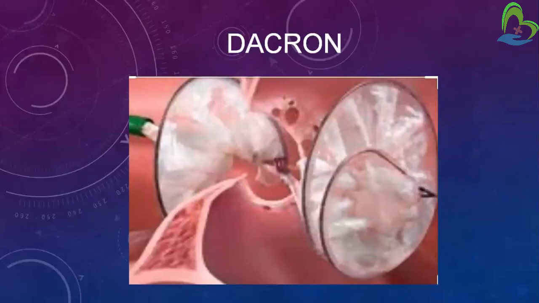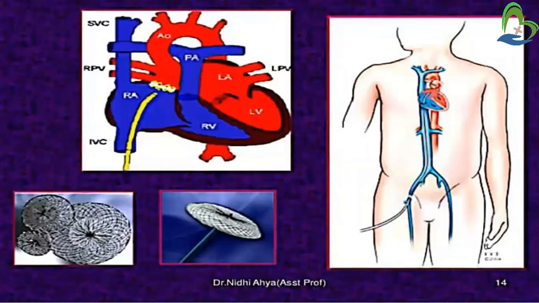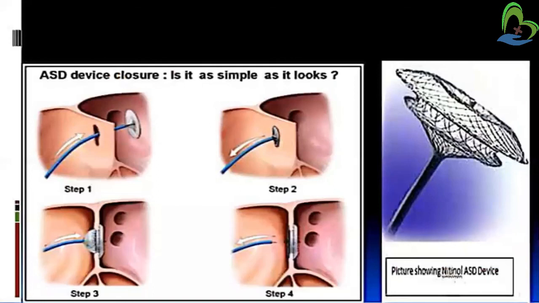Dacron is passed through cardiac catheterization, and with the help of the catheter we insert Dacron at the site of the atrial septal defect, so this will close the abnormal opening. Then this is Gore-Tex, which is also inserted with the help of cardiac catheterization and placed at the site of the abnormal opening. See, this is ASD device closure.